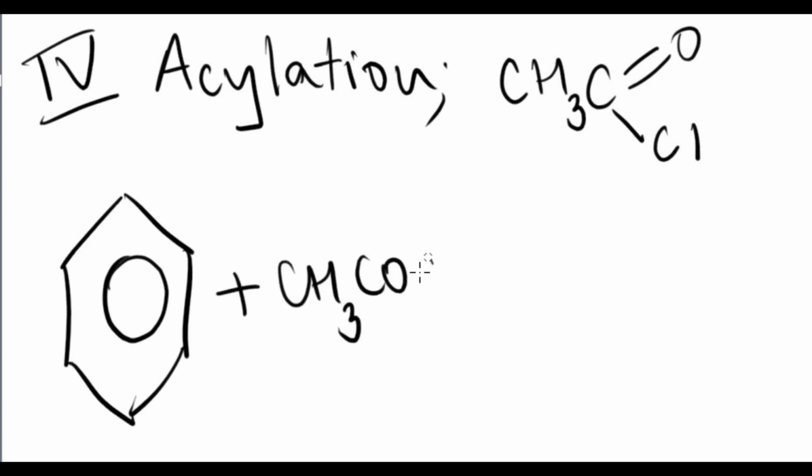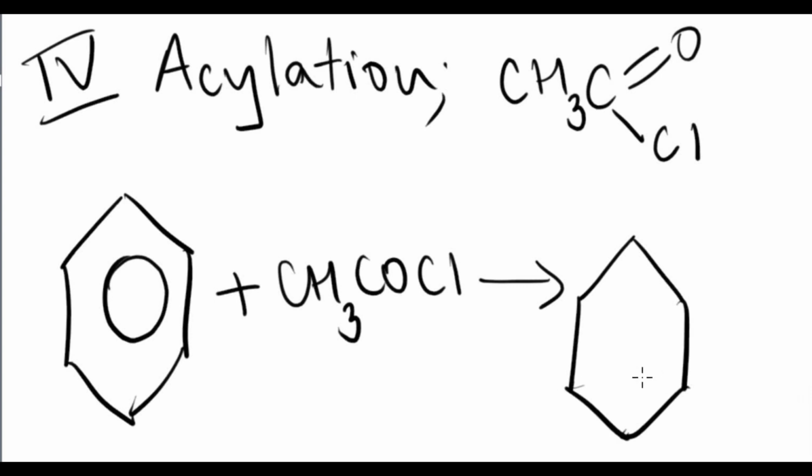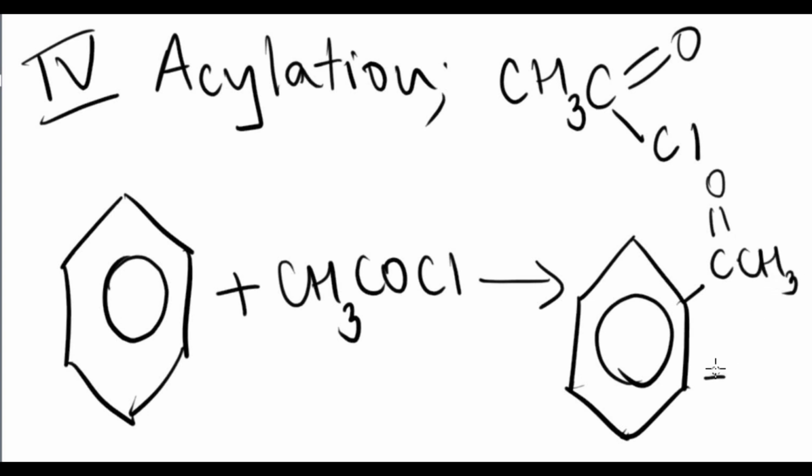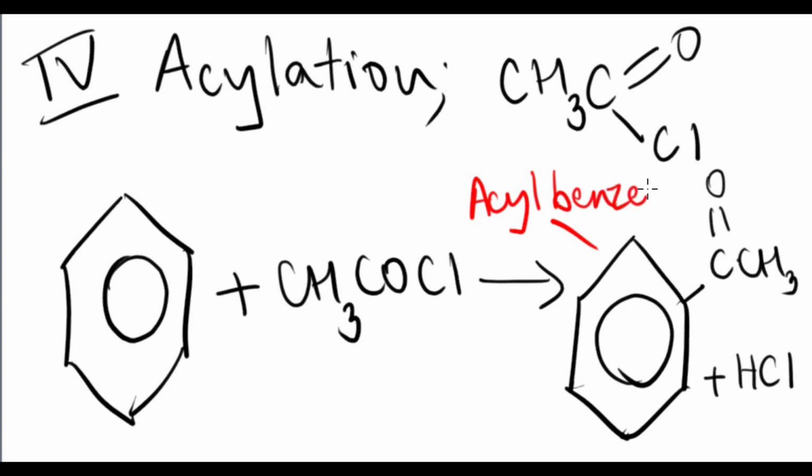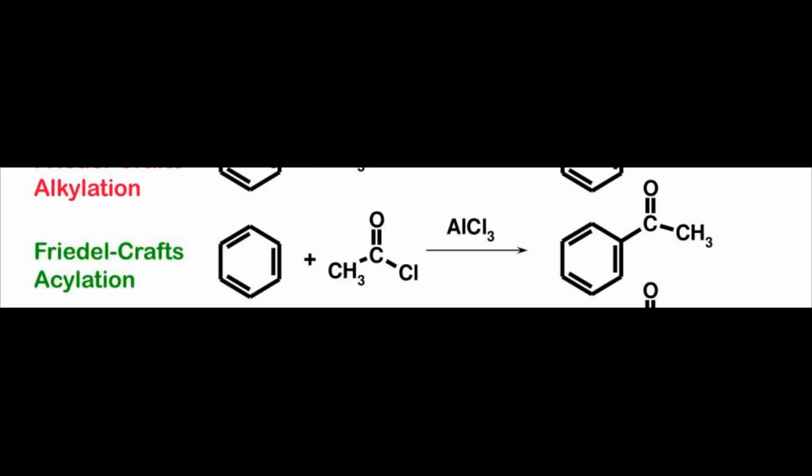So when you react benzene with an acyl chloride, you're going to get HCl, the side product from the H that was already at that point where the carbon will attach, and the Cl from the acyl chloride, and then you're going to get an acyl benzene. So the C double bond O will lose the Cl and react with the carbon in the benzene molecule.